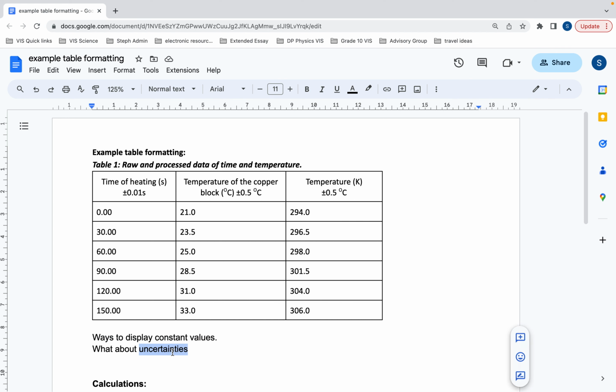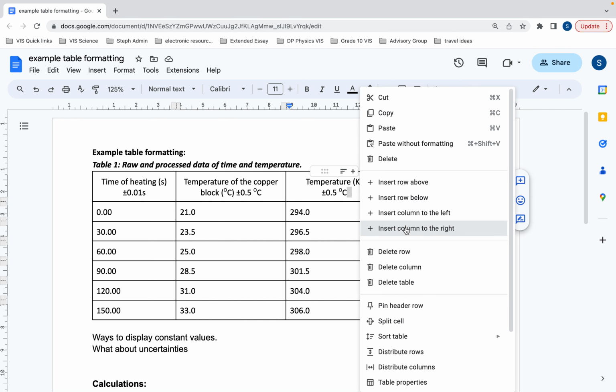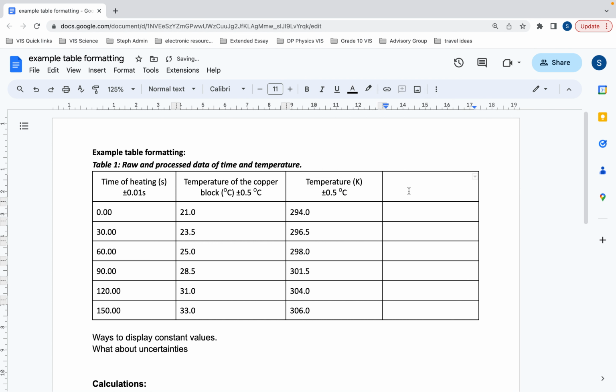And again, uncertainties, we usually put uncertainties in the heading unless it's one where we've done multiple trials. So let's say you recorded the temperature 3 different times. You may do the temperature, so we could say absolute uncertainty of temperature.